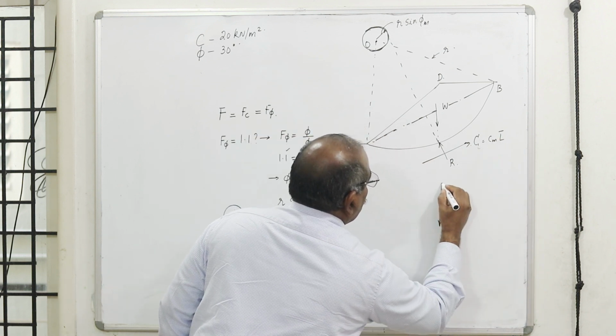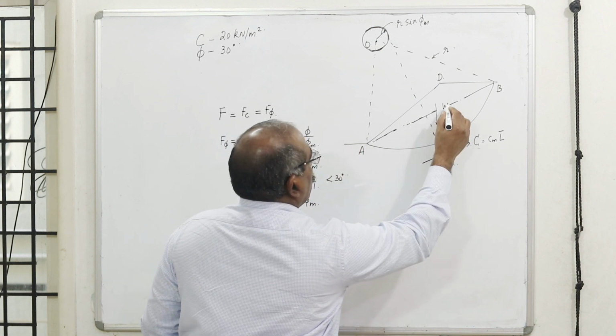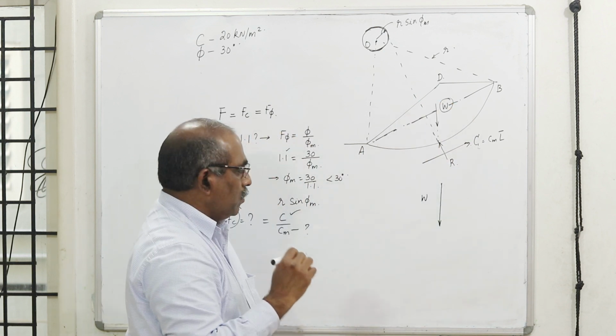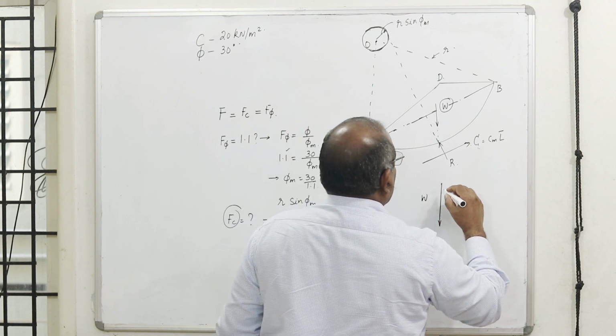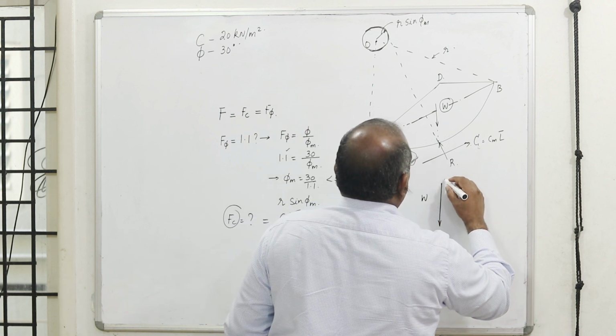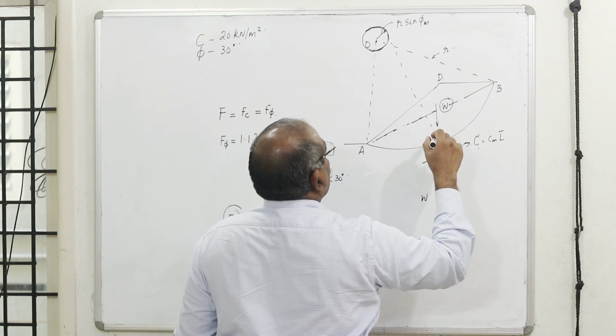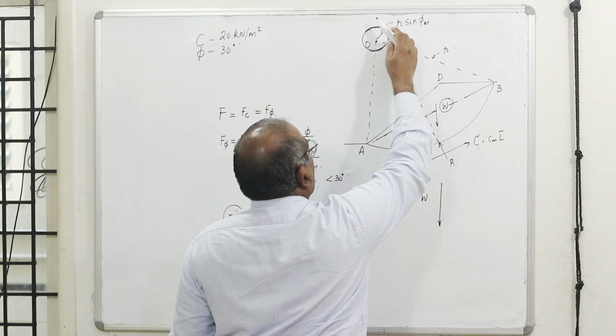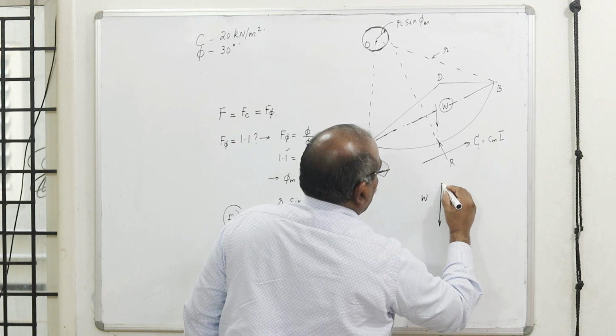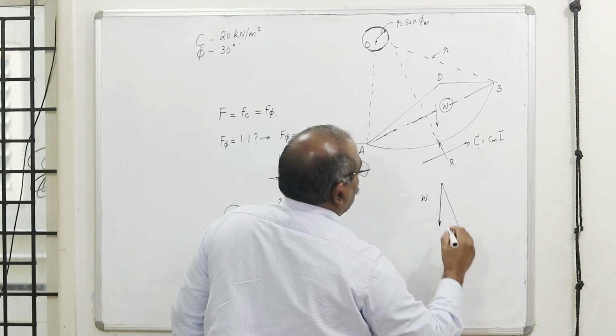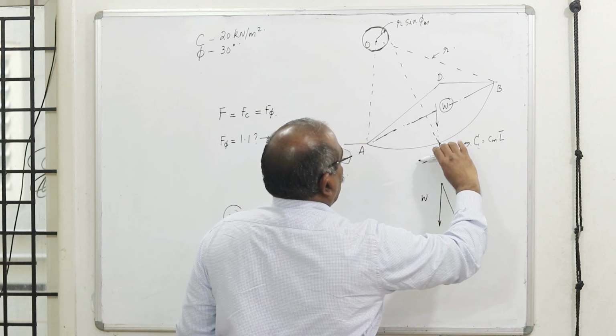Now I'll form my force triangle. This is W to scale, because I can quantify W and draw it to scale. Next, I'll draw a line parallel to the reaction R, which is passing tangent to the concentric circle. Then I draw this thin line. Then I get my cohesive force.